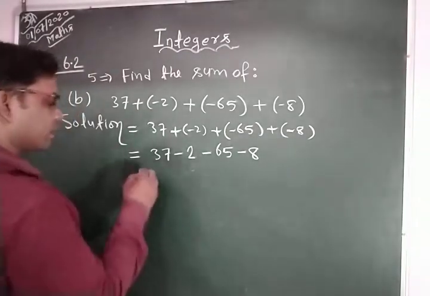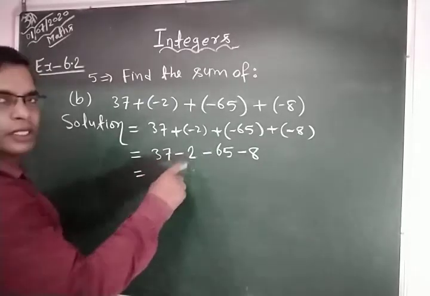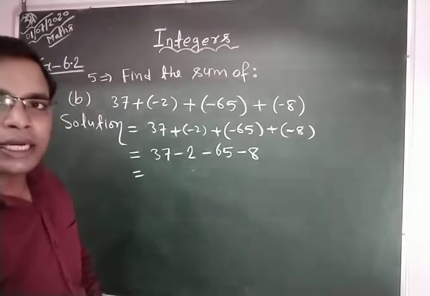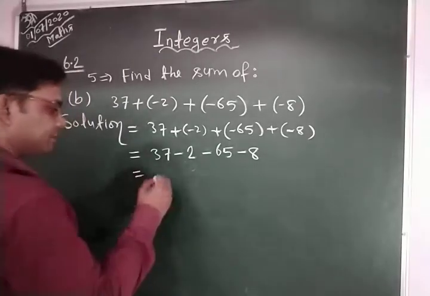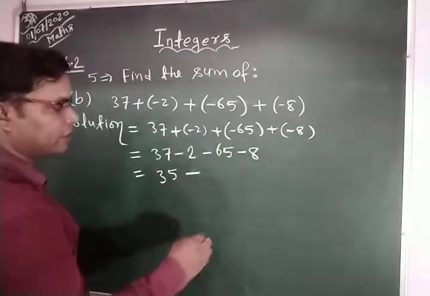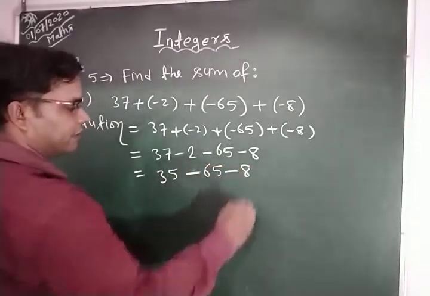Okay, so you can see 37 minus 2 is equal to what? 37 minus 2 is equal to 35. This is equal to 35 minus, we write 65 minus 8.